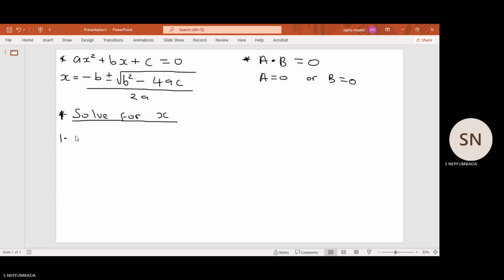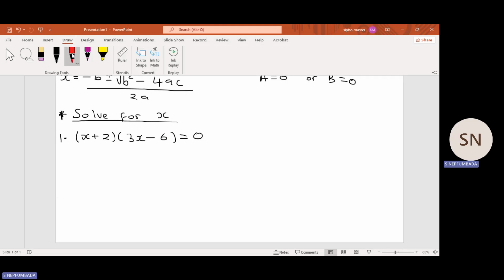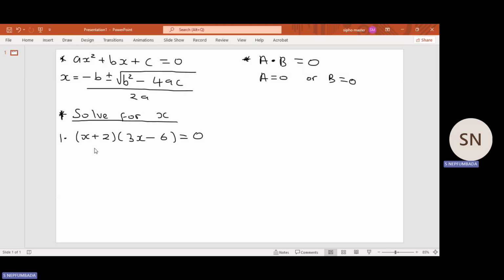Number 1. They say that x plus 2, open bracket, 3x minus 6 is equal to 0. So this equation is in the form of a times b. It's just that where they say a, they say x plus 2.